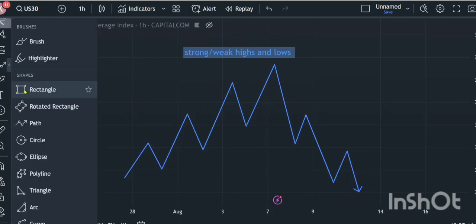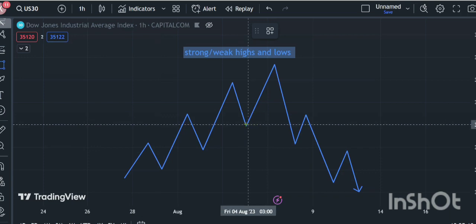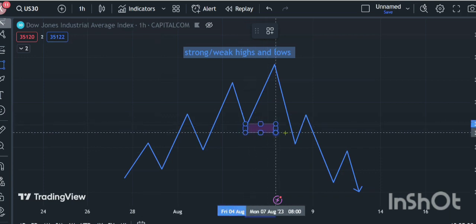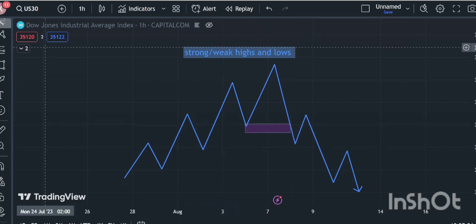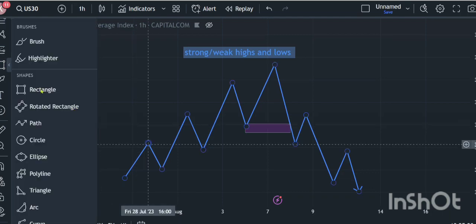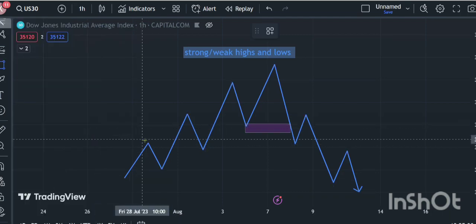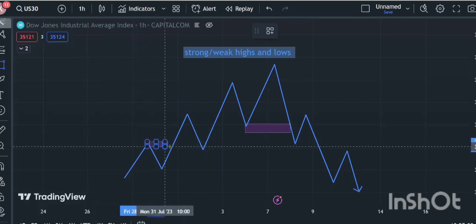Okay, so we have what we call a break of structure right at that point. But before that break of structure, market kept on breaking structures on this side of market.